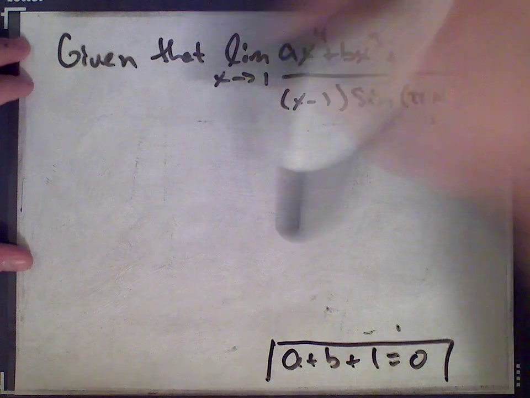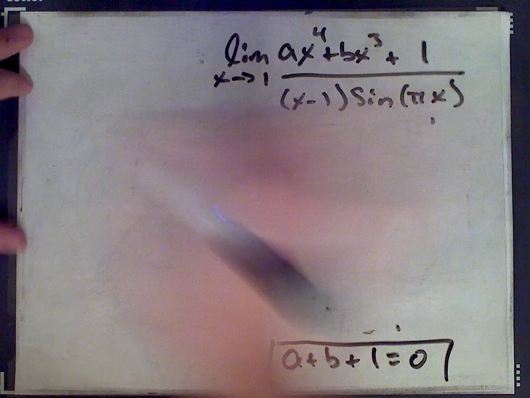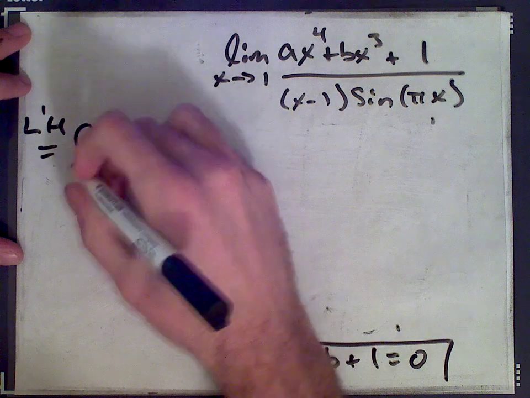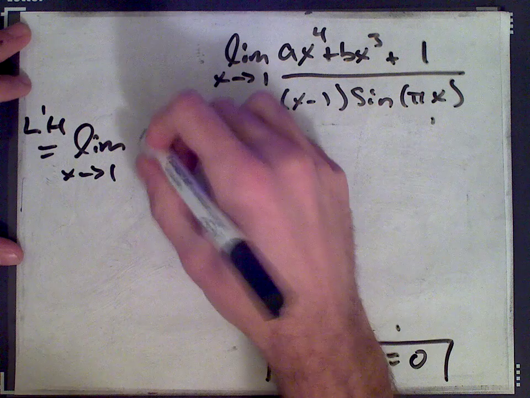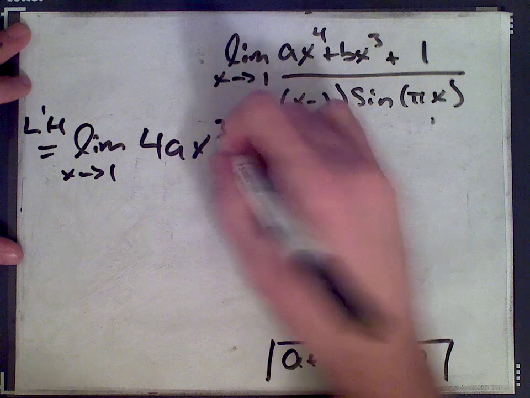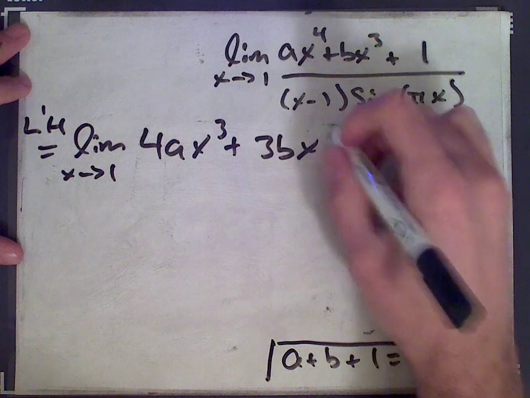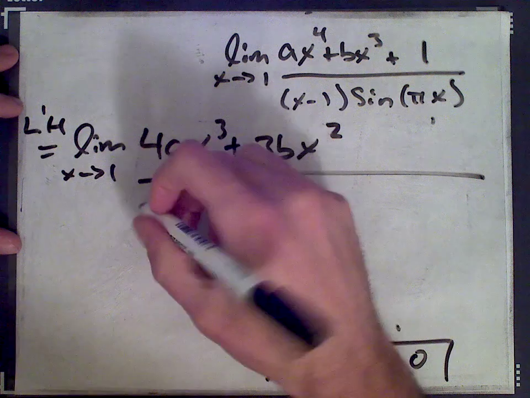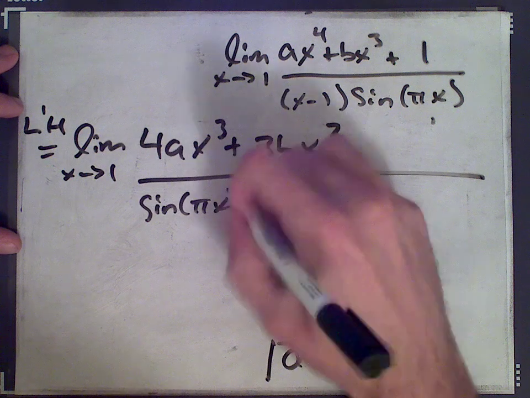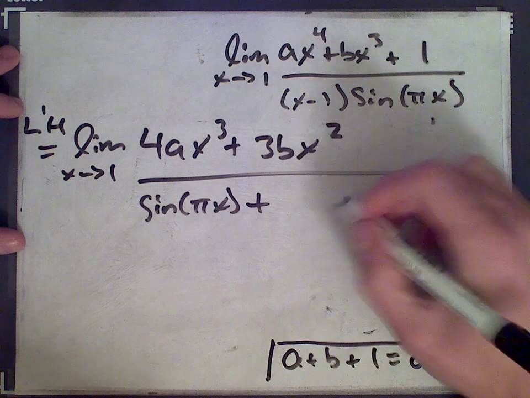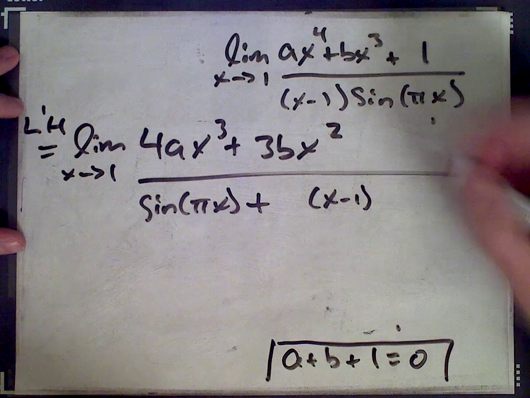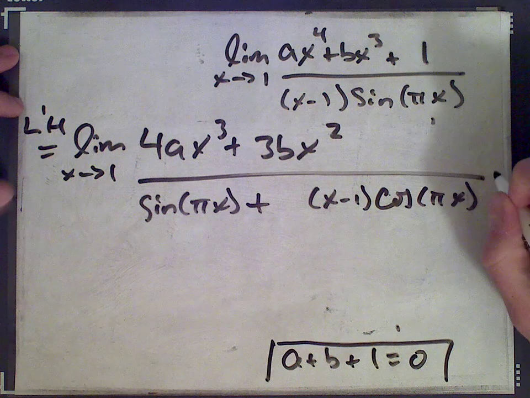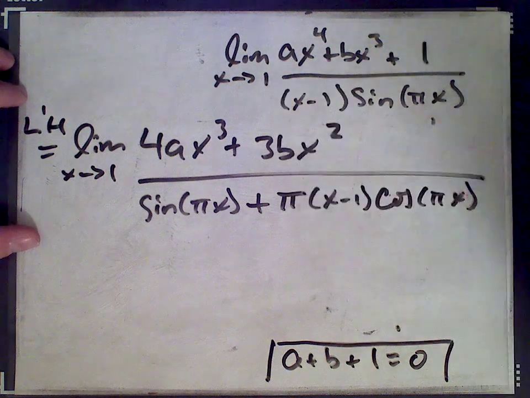We get the limit as x goes to 1 of 4ax cubed plus 3bx squared, divided by the derivative of the first factor, which is 1, times sine of pi x, plus the first factor times the derivative of the second factor, cos of pi x, times pi, because you differentiate pi x.